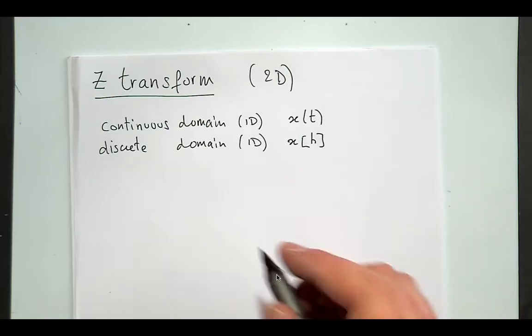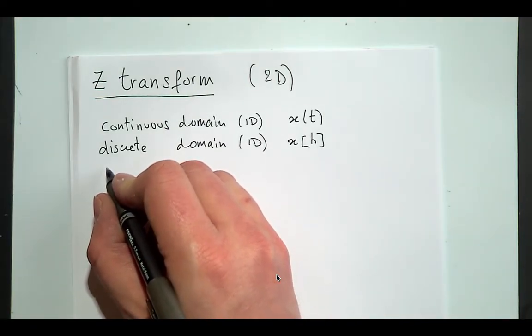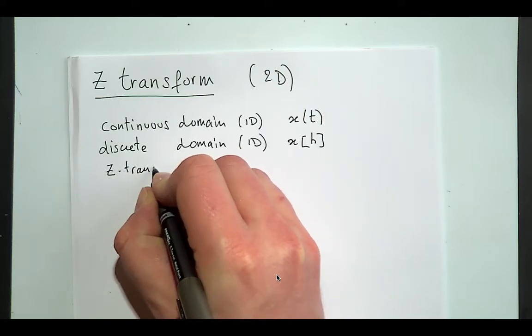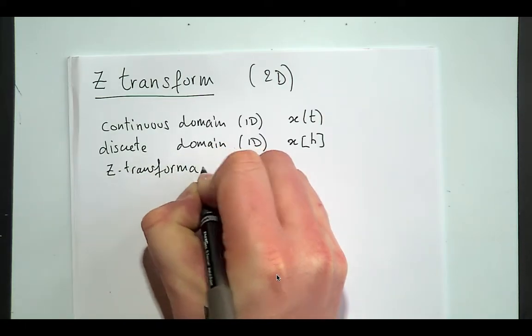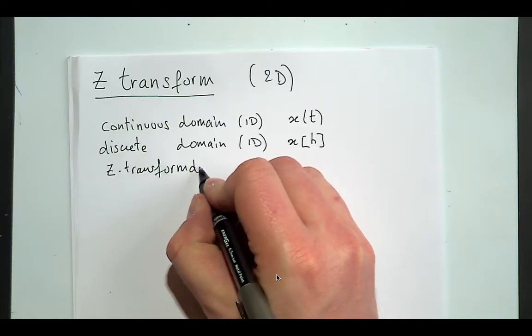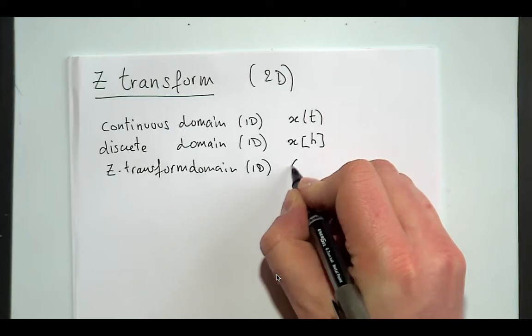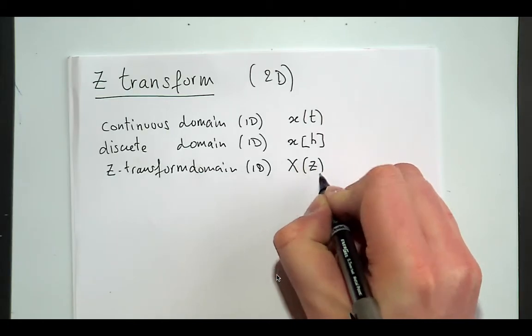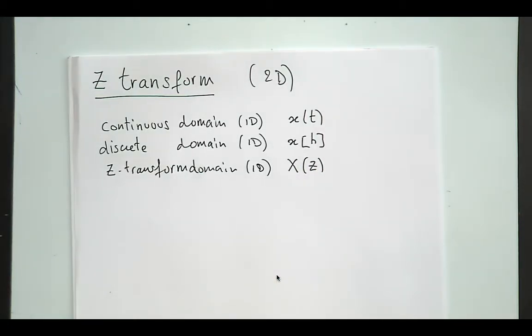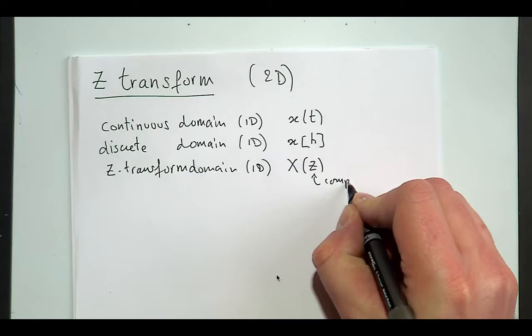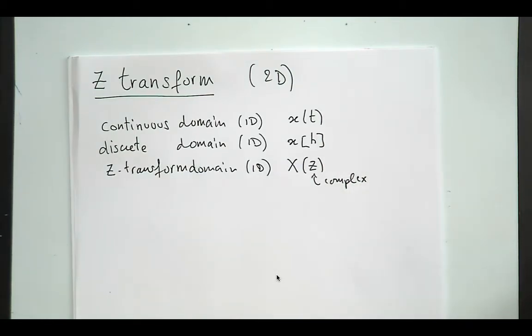And now what we'll be looking at is the Z transform domain, still in 1D, which will be something called x of z, and z is a complex variable, okay? So that's a complex number.